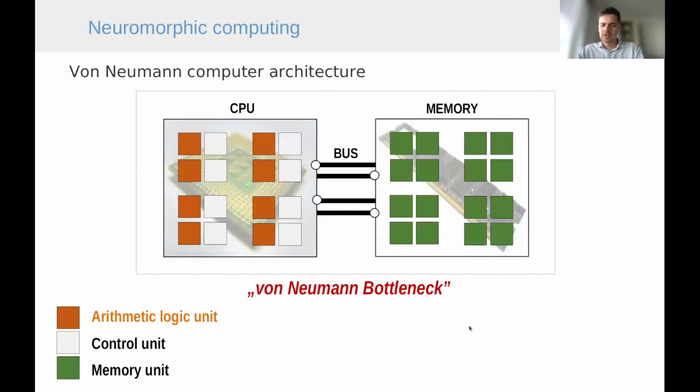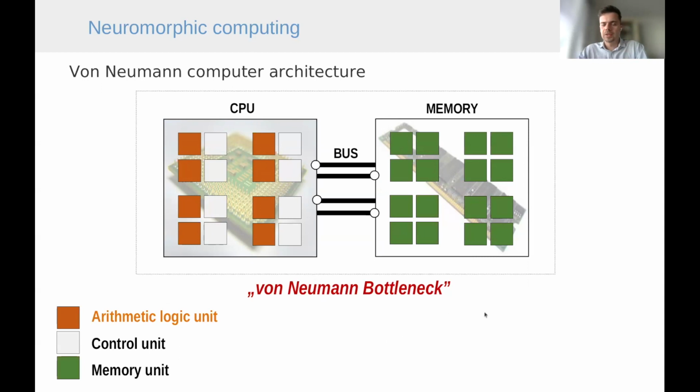Another problem is the so-called von Neumann bottleneck. The architecture of computers that we use now is based on von Neumann computers, which means that the processing unit is separate from the memory units and there is a connection between them.